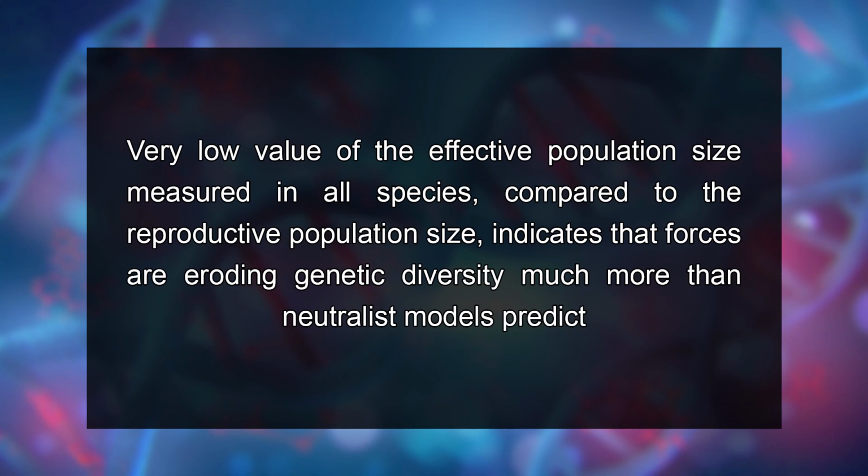However, the very low value of the effective population size measured in all species, compared to the reproductive population size, indicates that forces are eroding genetic diversity much more than neutralist models predict.